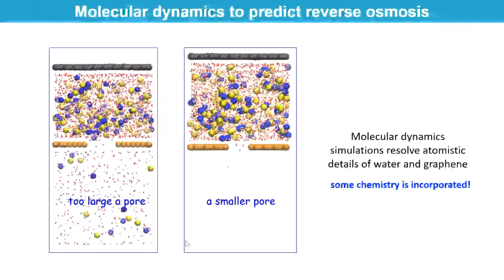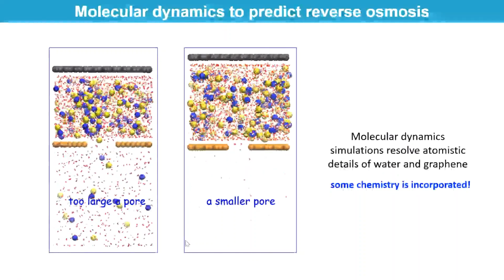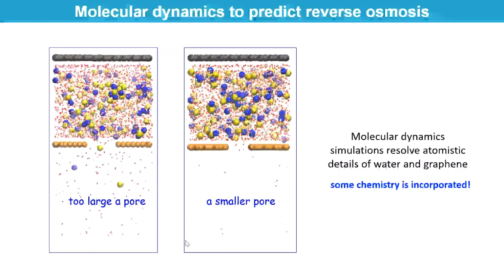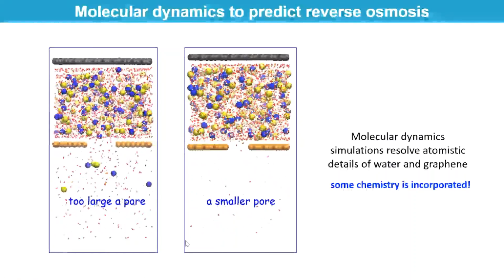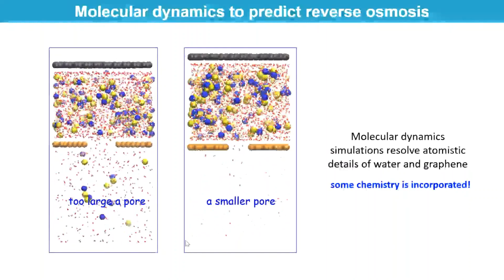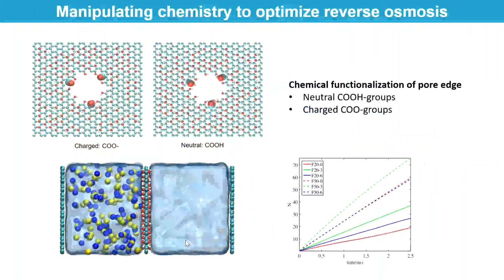However, we should be careful not to make the pore too small, because, like we said earlier, you would end up with a very small flux. So the question is, how do we optimize this? One idea is that you can play with the chemistry of the graphene. You can decorate functionalization groups on the edge of this pore.